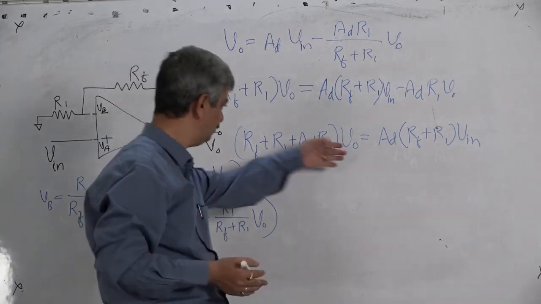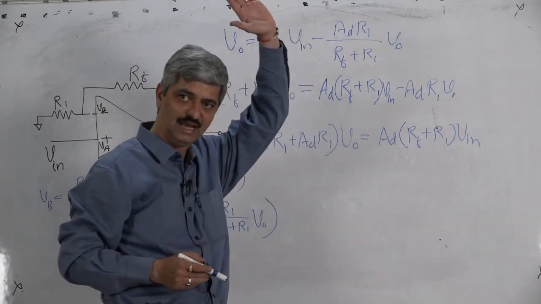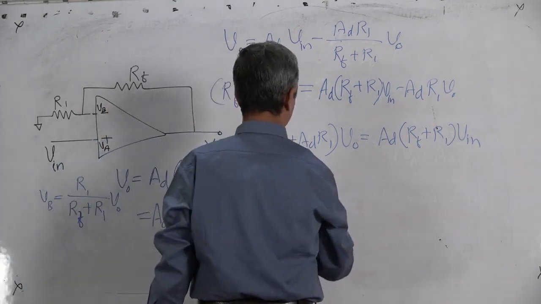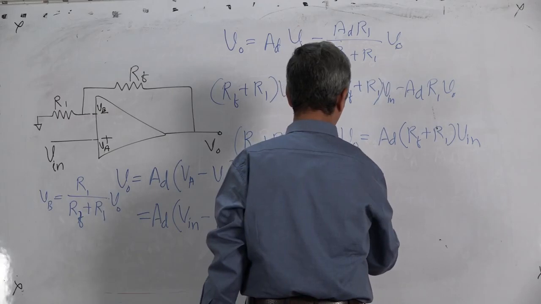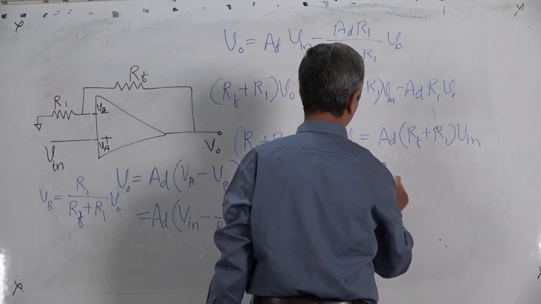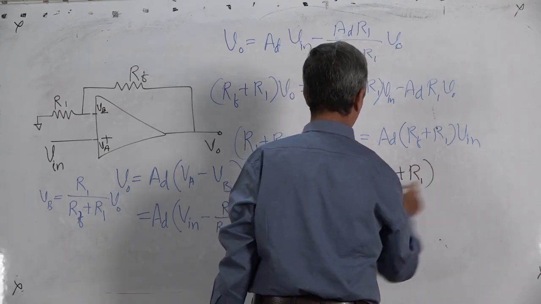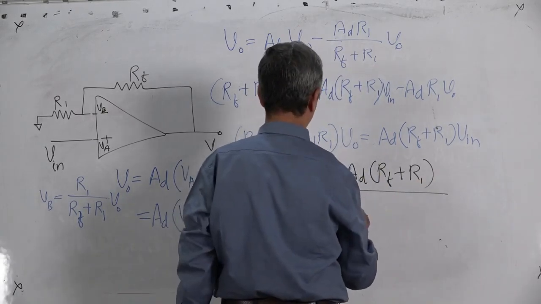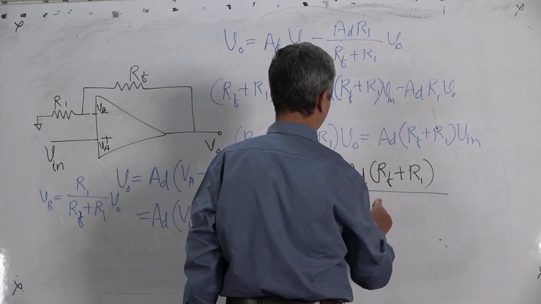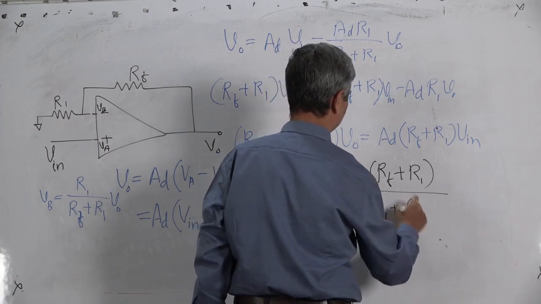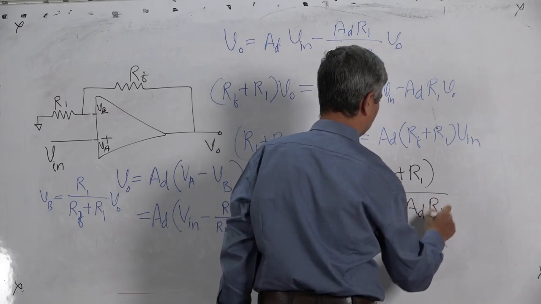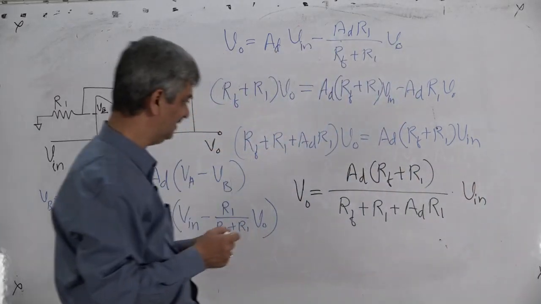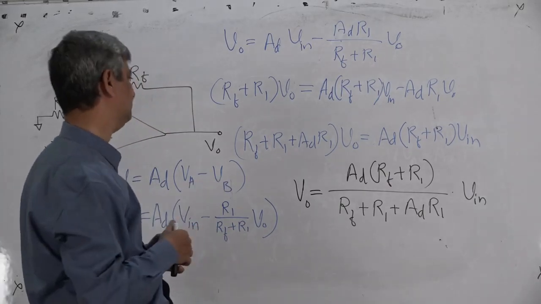Now, you want VO, so again take it to the other side as the denominator. So, the final equation will be VO is equal to AD into RF plus R1 upon RF plus R1 plus AD R1 into V in. So, it is very simple, nothing great here.